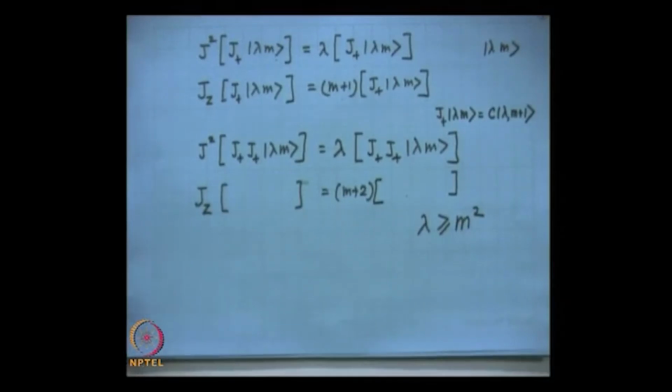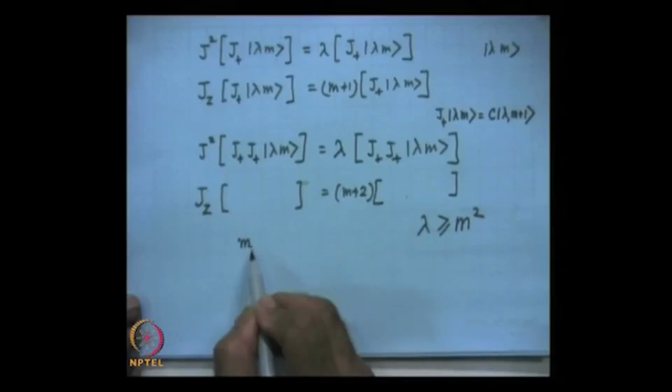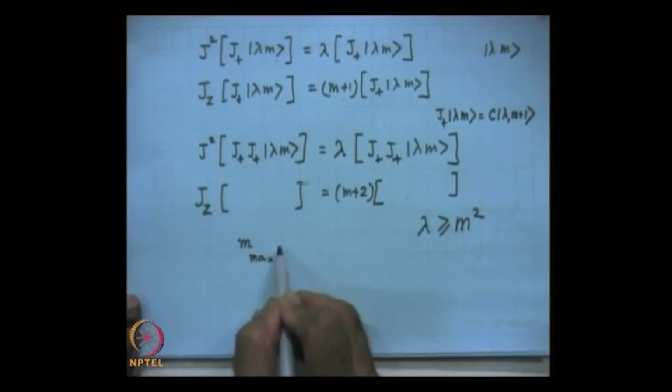So, at some m value we must have a maximum value of m, because this process cannot go on indefinitely, otherwise it will violate the inequality lambda is greater than or equal to m square. So there must exist a maximum value of m, and let the maximum value of m be equal to j.